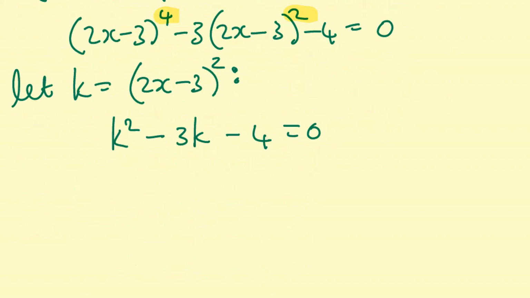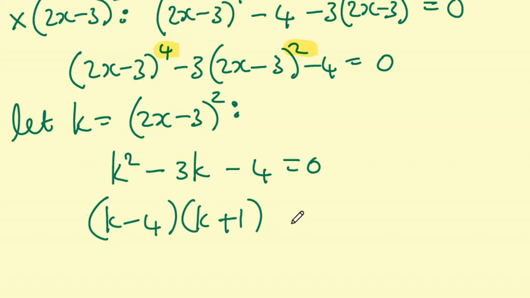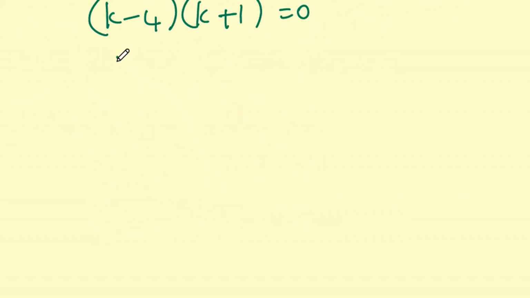Now we can factorize. We have a trinomial here. And we see here that k is equal to 4 or k is equal to -1.